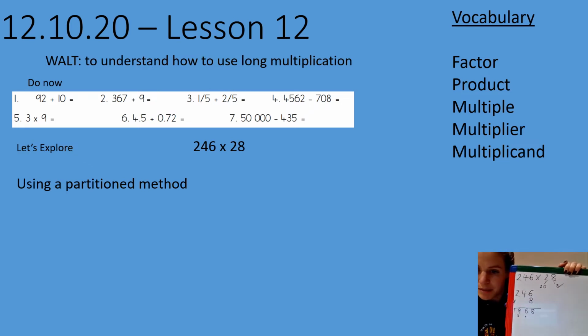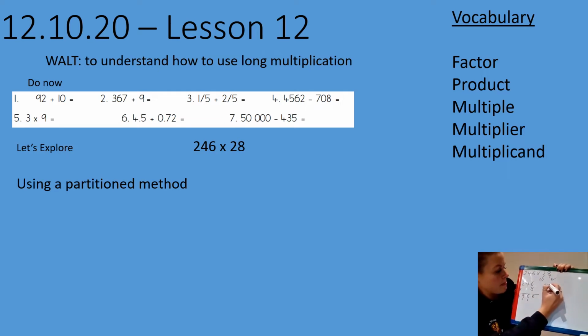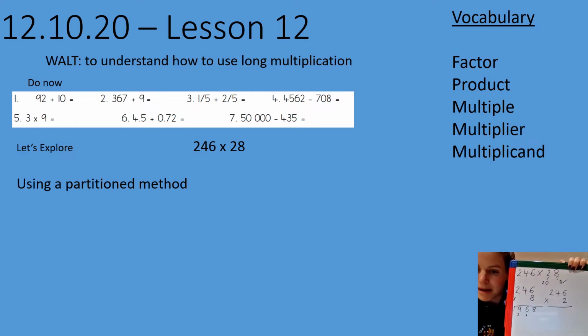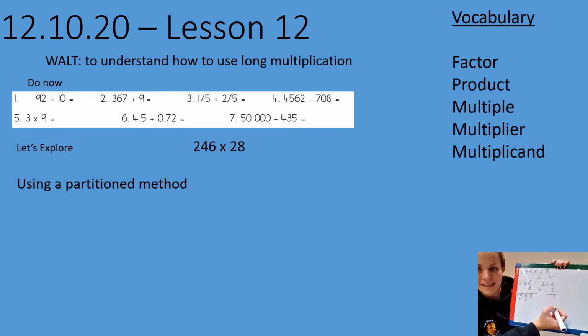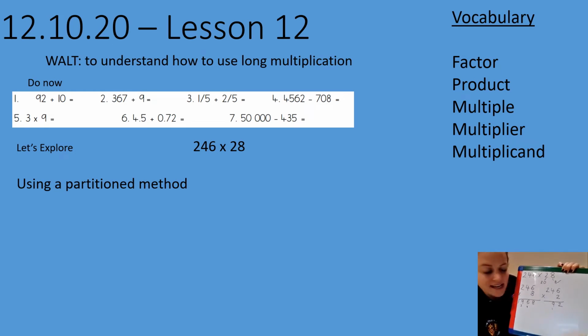I'm now going to multiply it by my 20. Instead of multiplying by 20 here, I'm going to multiply that number by 2 and then make my answer 10 times larger. 6 times 2 is 12. 4 times 2 is 8. Add one more here is 9, 90 or 9 tens.